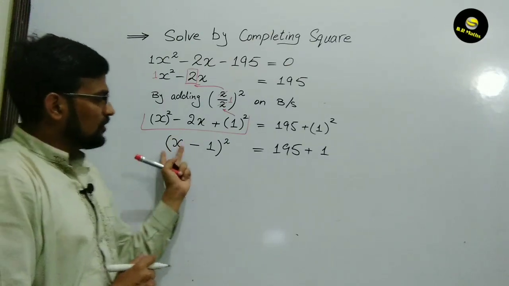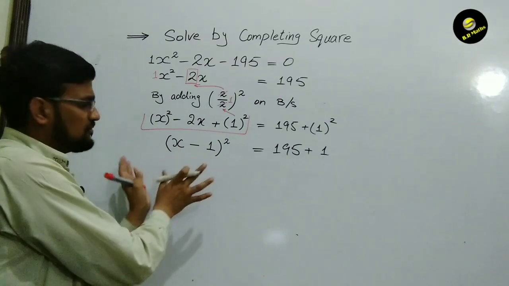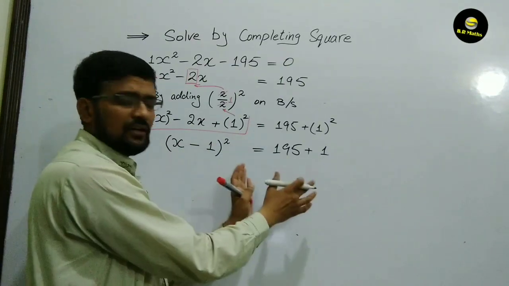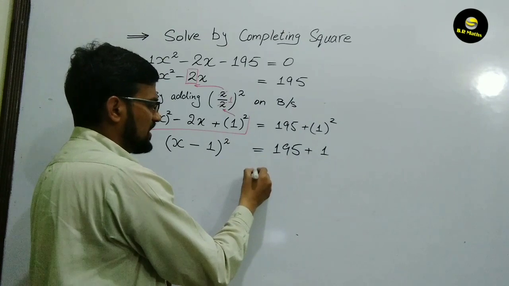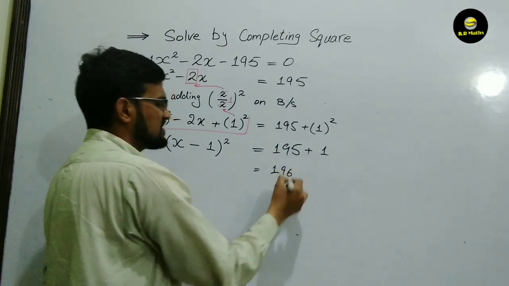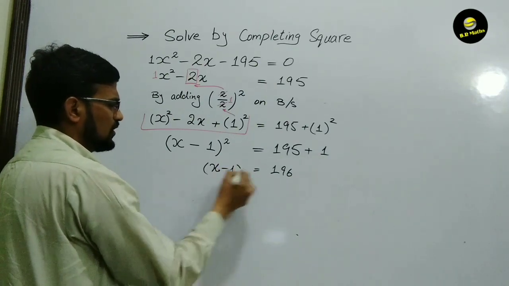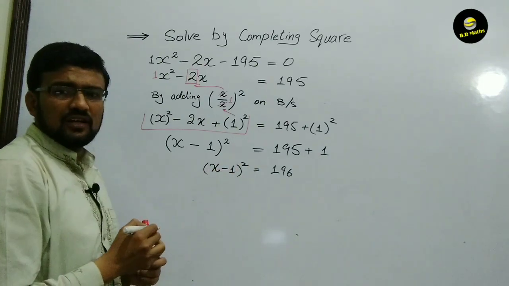Now the left side becomes a whole square. Apply the calculation on the right-hand side: 195 plus 1 is equal to 196, and on the left, (x minus 1) whole square.